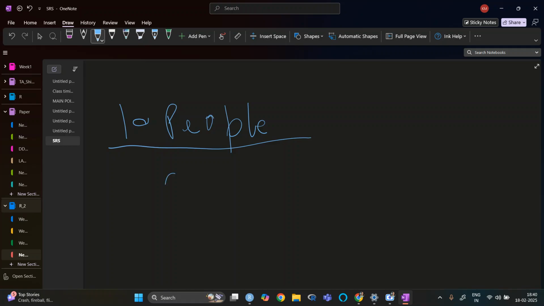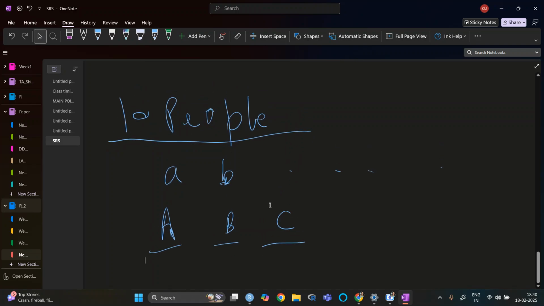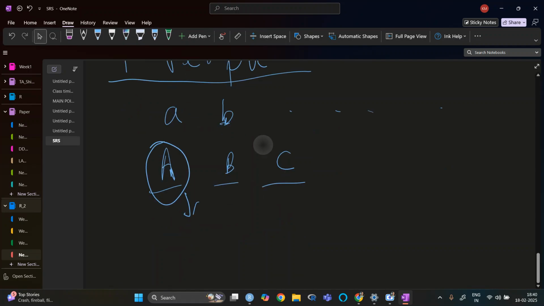The people are, let's say, A, B, C, D up to this, and the jobs are, let's say, A, B, C. So if they are applying for the job, it is simple random sampling, let's say without replacement. In real life we need to do the sampling without replacement, because we can choose one person maximum one time. So if I have chosen, let's say, C, D, F, or let's say A also.